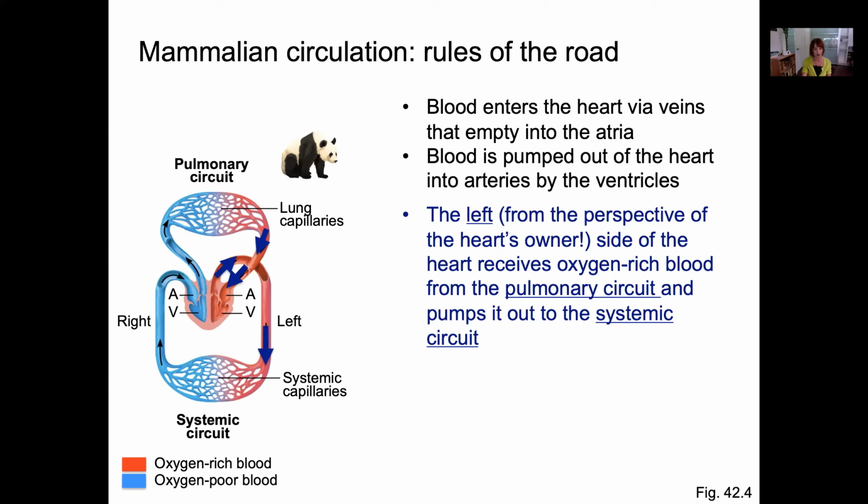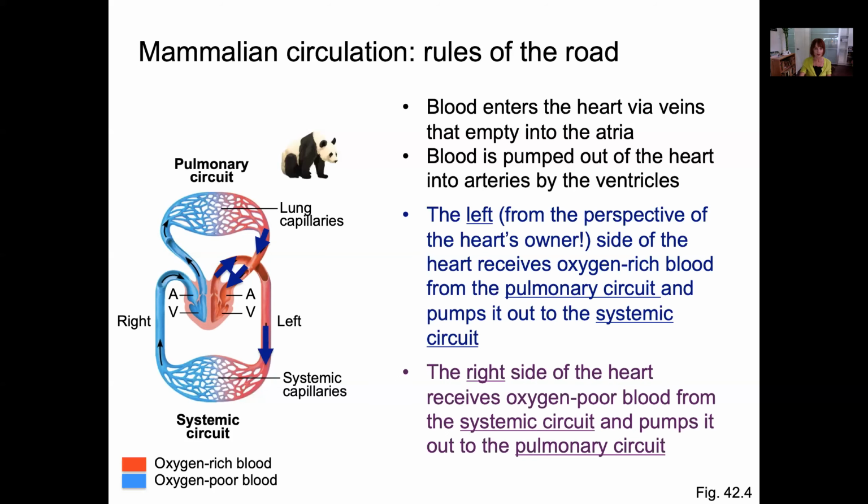And there it goes, and then the blood carrying the oxygen is going to diffuse in the systemic capillaries, and then the deoxygenated blood is going to be returned to the heart via the veins, right? And this is going to get sent back into the right atrium this time and into the right ventricle, and then it's going to go back out to the pulmonary circuit to pick up more oxygen.